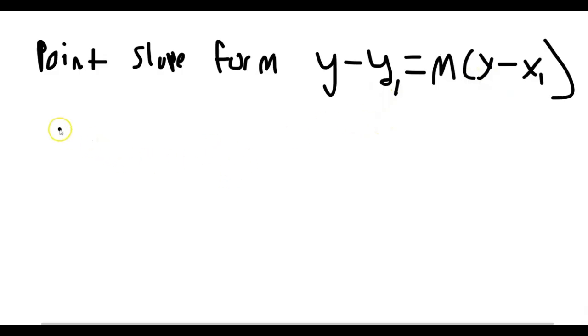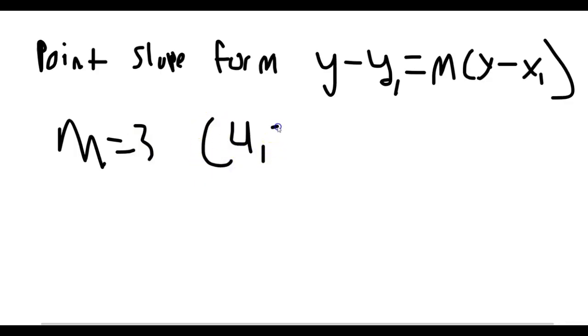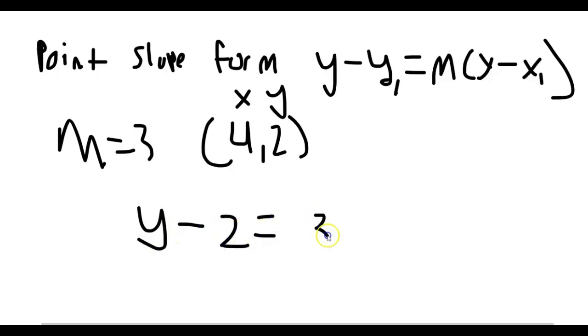An example would be if our slope is 3 and we have a y and an x point, our x is 4 and y is 2. We would plug all this in like this: y minus 2 is equal to 3 times x minus 4. Because our x coordinate is 4, our y coordinate is 2, and our slope is 3, this is how we would plug that in. And this is point slope form.